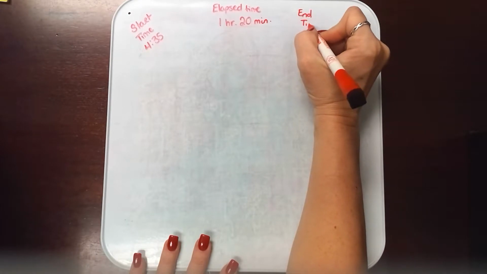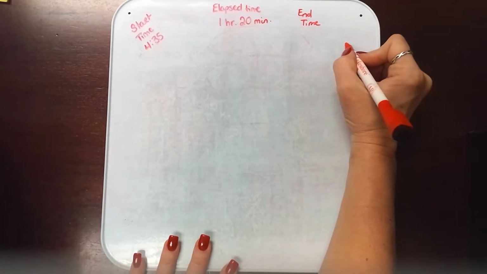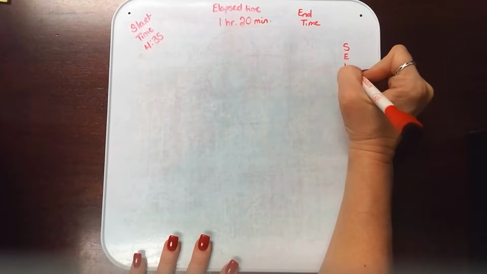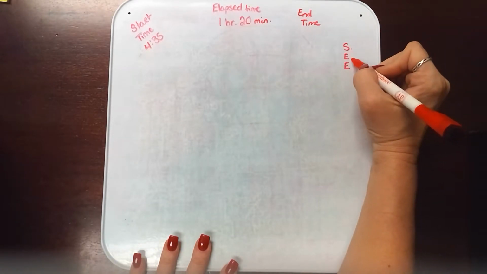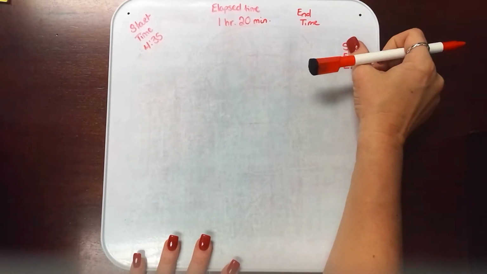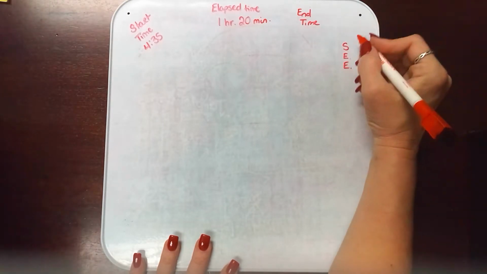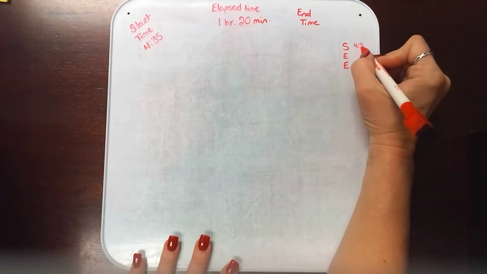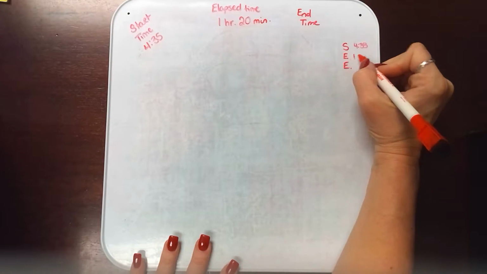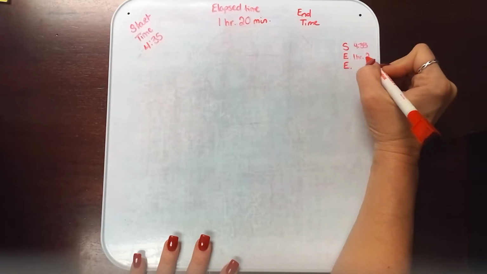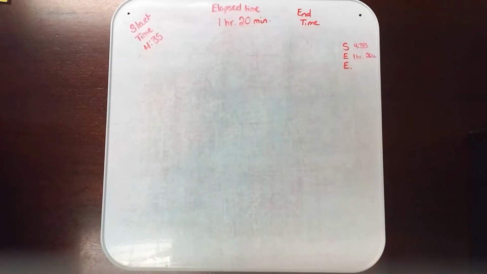I saw something neat last year. Last year, a teacher was doing the C chart on elapsed time problems. Start time, elapsed time, or end time. So I know the start time is 4:35, and I know the elapsed time is 1 hour 20 minutes, and so I'm looking for that end time. Okay.